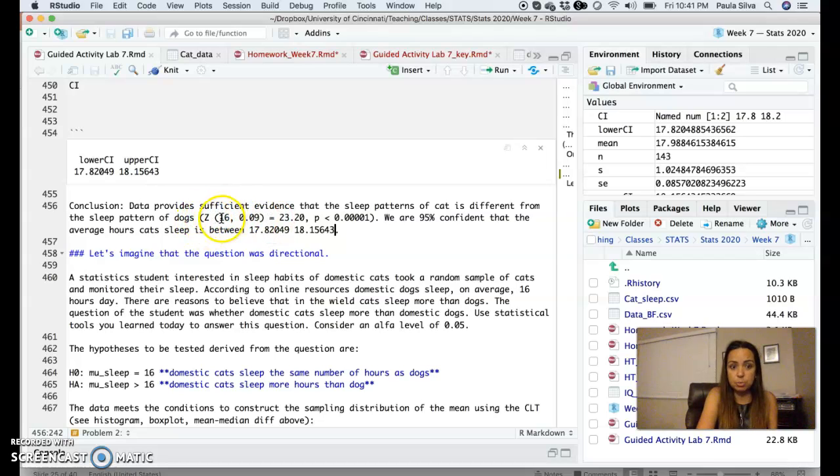And here I'm putting some statistical parameters. I'm using the Z distribution with a null center of 16, which represents the null hypothesis, and a standard error of 0.09, which is the one computed from the sample.